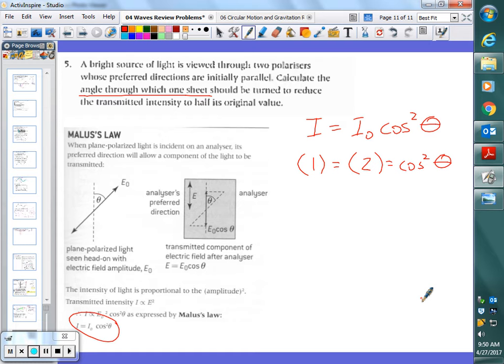And then it's a little math. We're going to take the square root of both sides to get rid of that squared value.